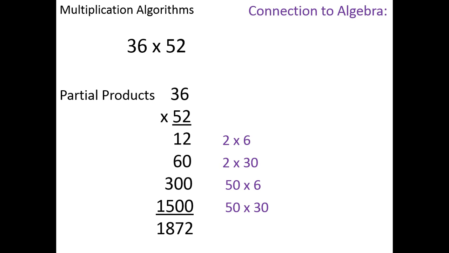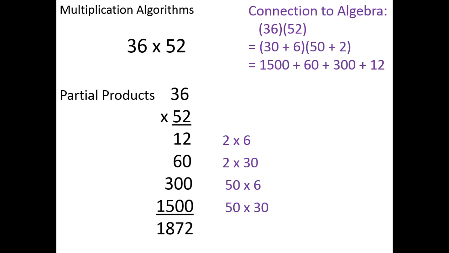Now there is a connection to algebra with this, and that has to do with something you probably remember as foiling when you have two binomials. So if we think of 36 as 30 plus 6, and we think of 52 as 50 plus 2, you can see that we have a binomial times a binomial.